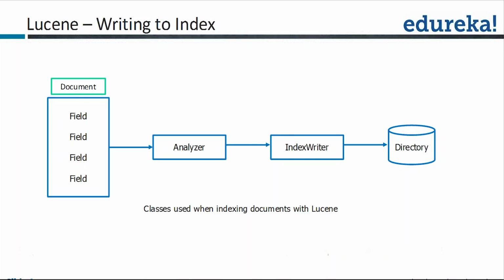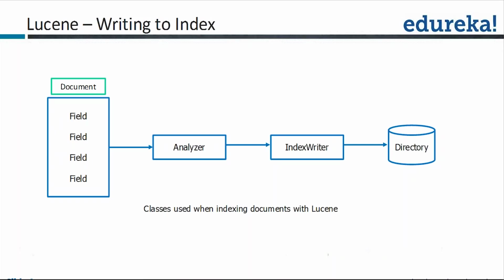Every time you pass in a document with numerous fields, that goes through the process of analysis, wherein it breaks into tokens as per the choice of your algorithm. You can choose the standard ones, or you can write your own as well. It's completely extendable, so you can extend the existing functionality and write your own way in which the tokens are broken.